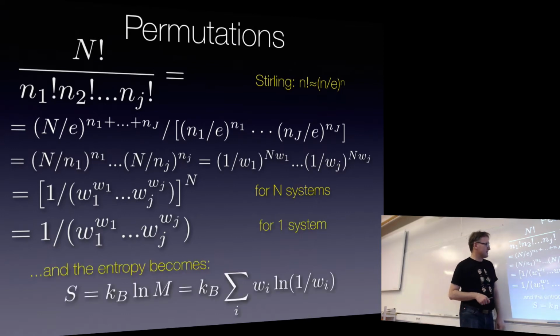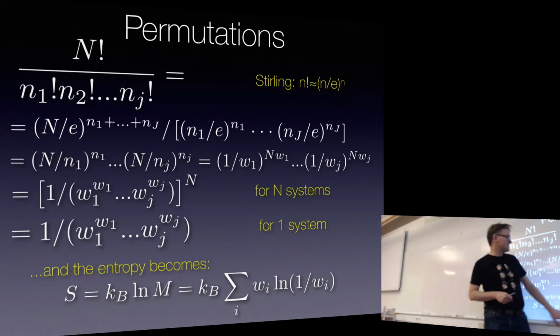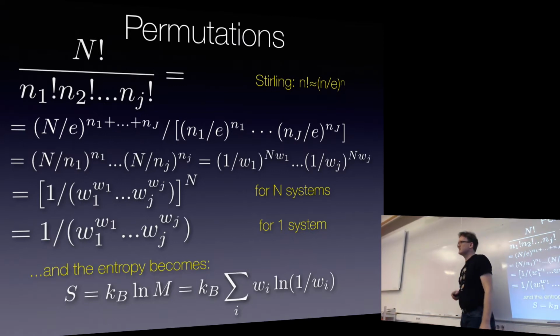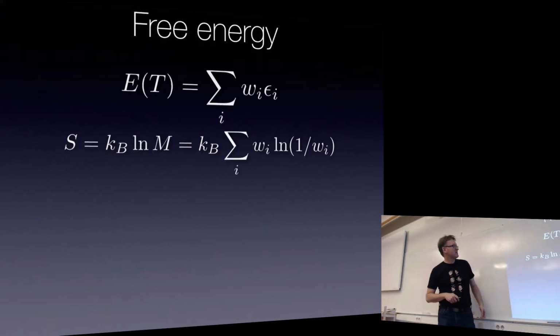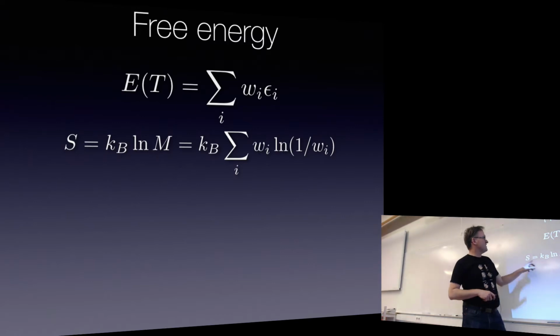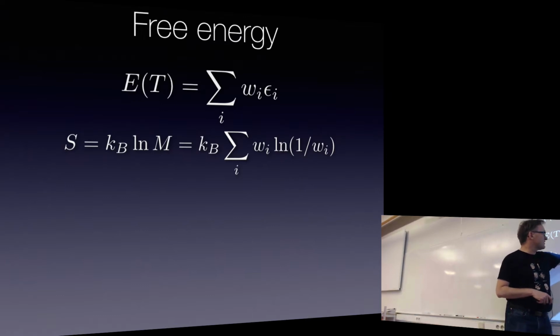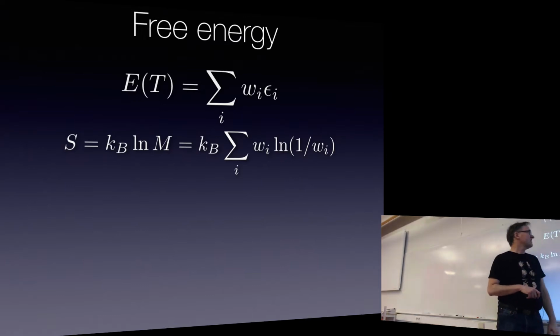But if you simplify that, you end up with the entropy being a constant multiplied by the sum over the weights times the logarithm of 1 over the weights. And you might have seen that in the bioinformatics scores too. So this corresponds to the Shannon definition of entropy. Entropy is, again, a constant multiplied by the sum of the weight of each system multiplied by the logarithm of 1 over the weight.